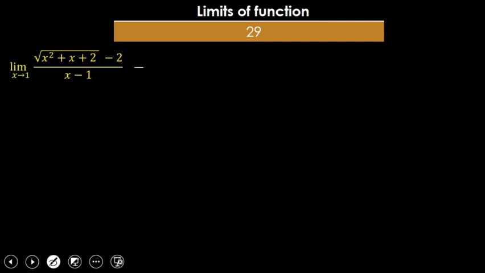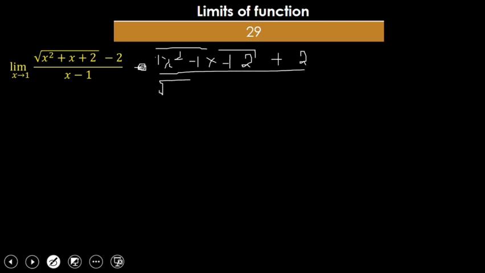I multiply by the square root of x squared plus x plus 2 plus 2, over the square root of x squared plus x plus 2 plus 2. Okay, we proceed. This and this will cancel.